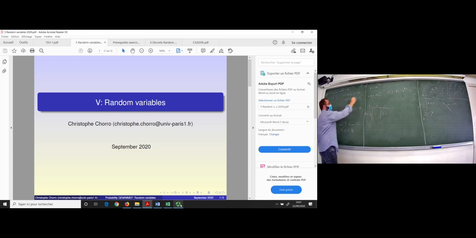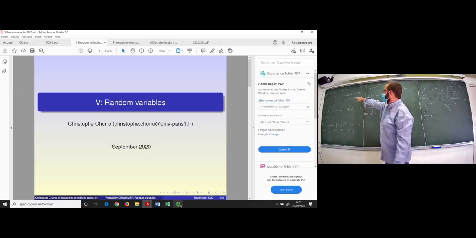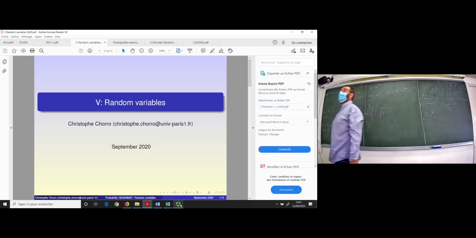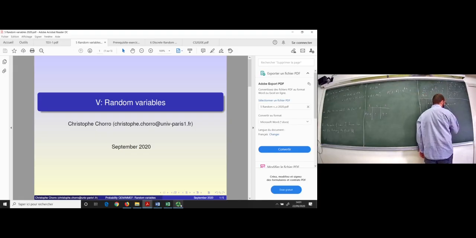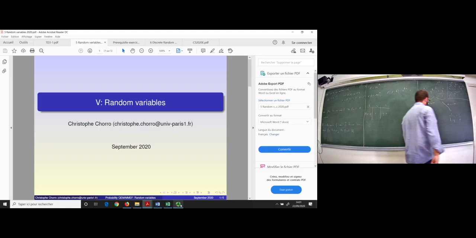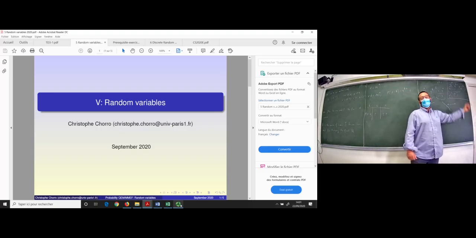So q is between 0 and 1. So what happens for q to the power n when q is between 0 and 1? It goes to 0. And this sum goes to 1 over 1 minus q, that is equal to 1 over p. So this sum is equal to this one, that's why I have this one.